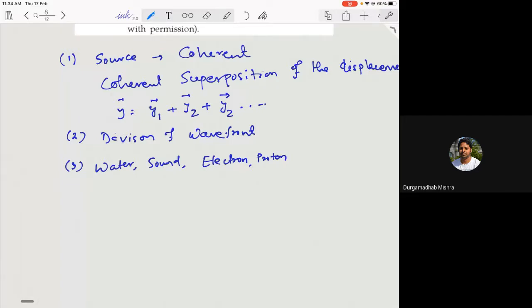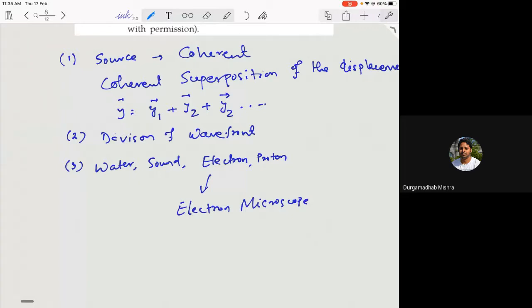And the electron as a wave is actually used, and if you go into other courses in future, maybe you will get to know about that. You can use electrons to make an electron microscope, very similar to your optical microscope.